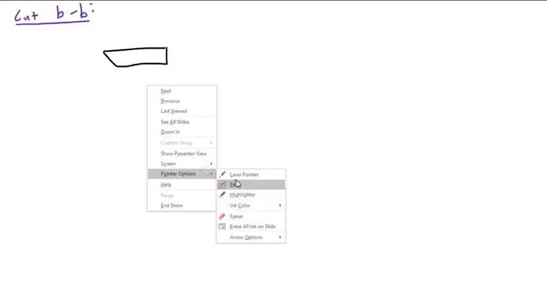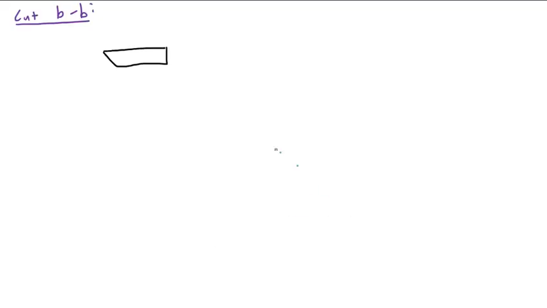The total area is going to be the same. This total area is the same, but the area of the cut is going to be different, not equal to 4 inches squared.